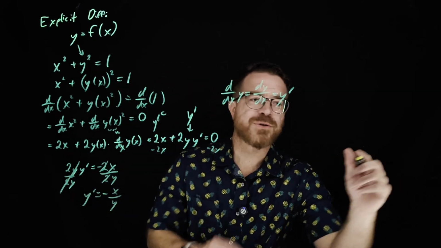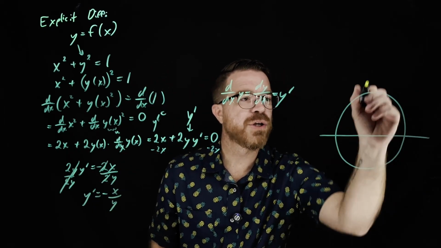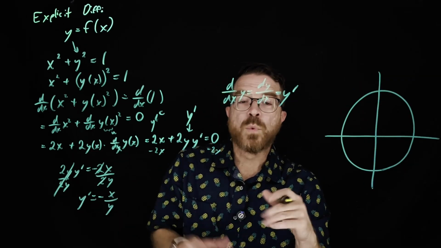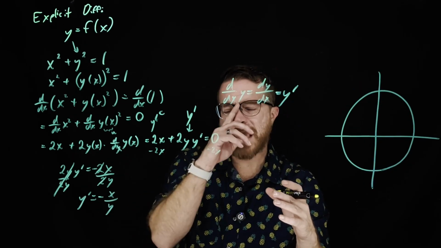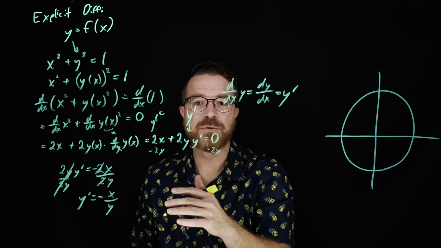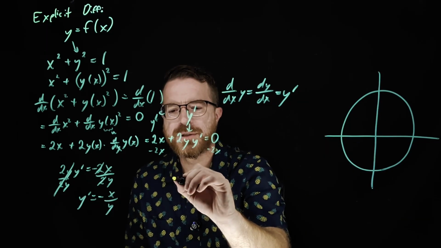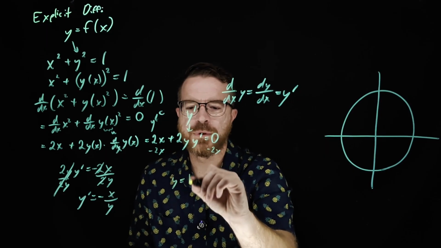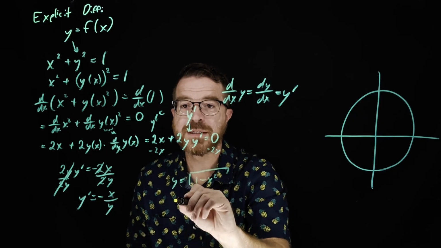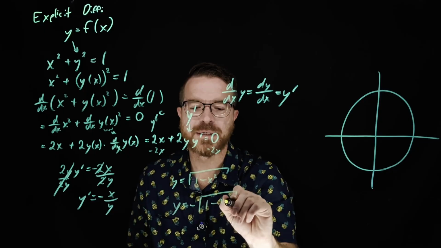So now looking at our circle, this means that my derivative is going to change by the relationship of minus x over y, which you'll actually see agrees with what we had previously, because if we substituted back in our value of y, we could substitute in y equal to the square root of 1 minus x squared, or we could substitute in y equals negative square root of 1 minus x squared.